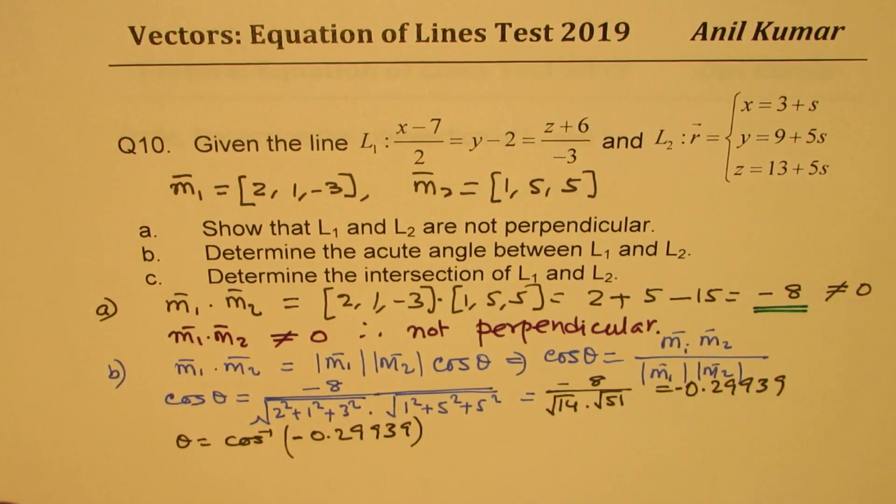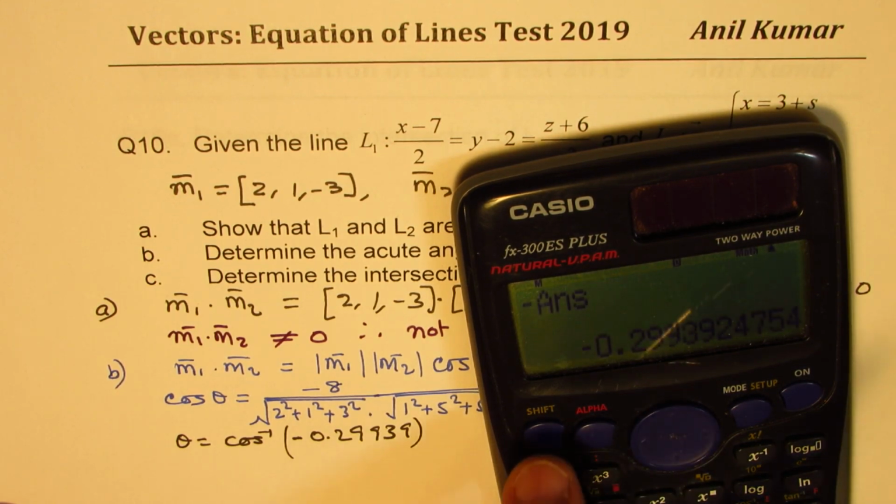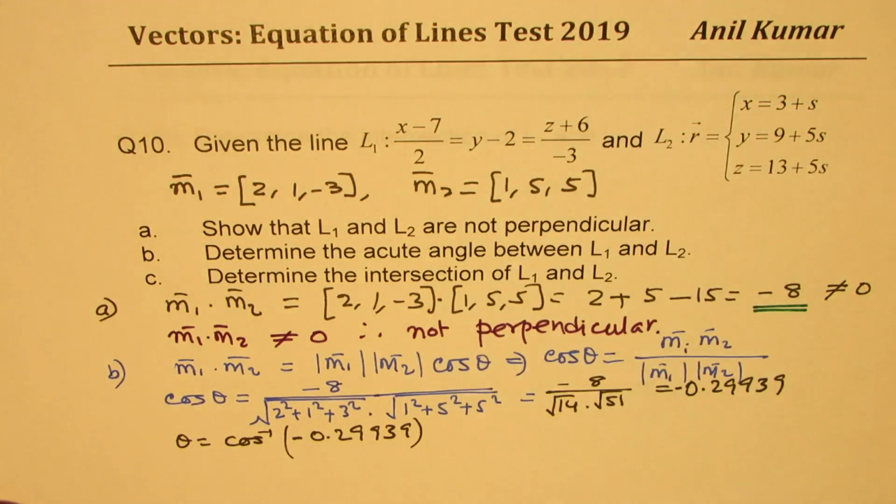So we get an obtuse angle here. Let me write minus times answer, so we get a negative number. We'll do shift cos inverse of our answer. That gives you the obtuse angle, and the obtuse angle which we get here is 107.42.